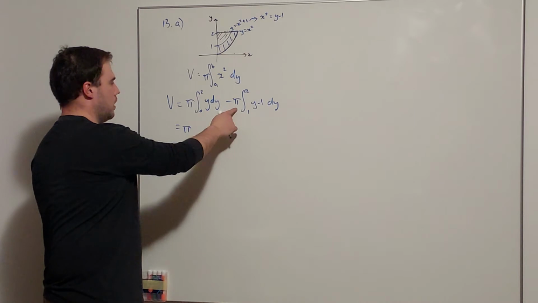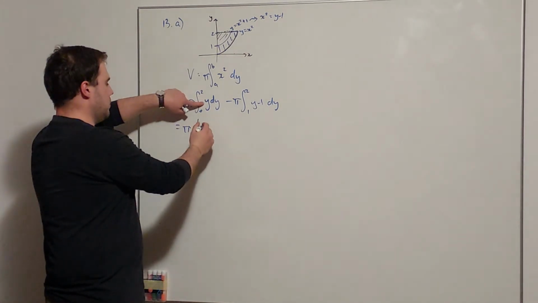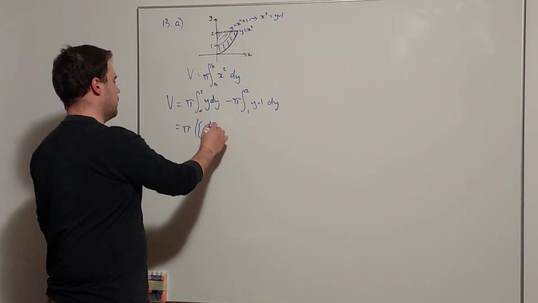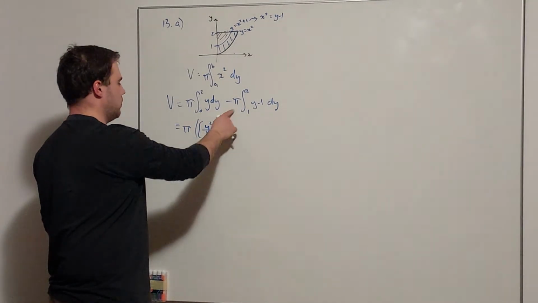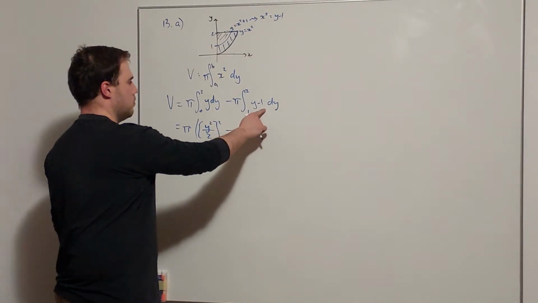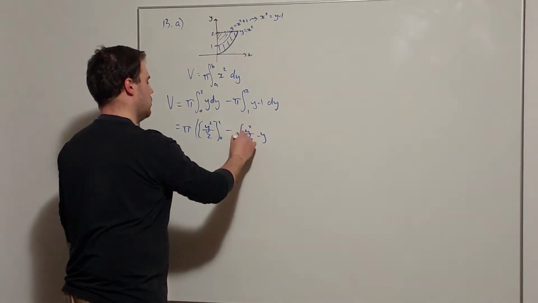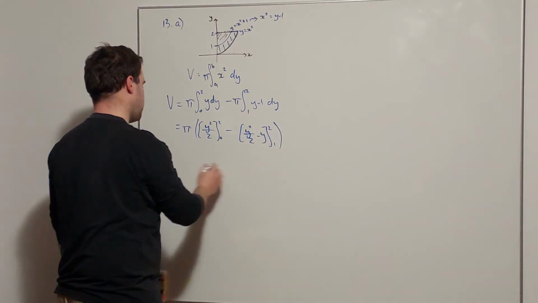So we've got a pi in common, might take that out. Y dy is going to integrate to y squared on 2, which we take from 0 to 2, minus the regular pi out there, and that's going to be y squared on 2 minus y from 1 to 2.